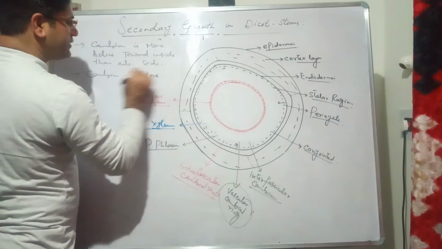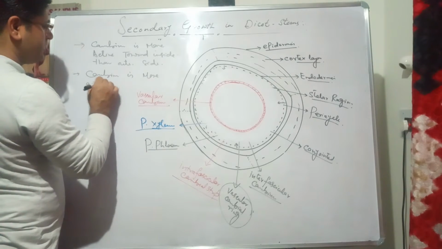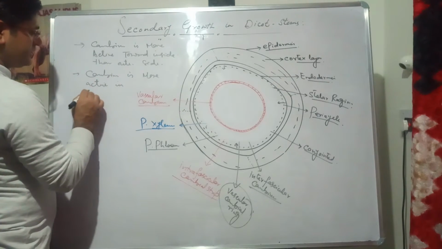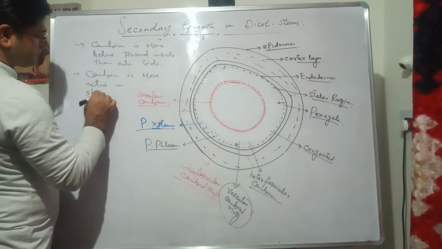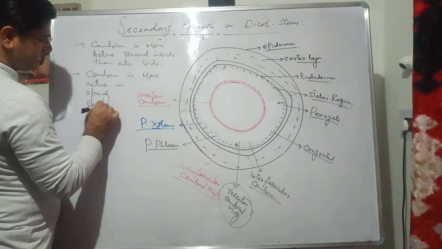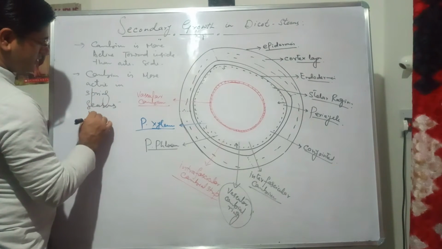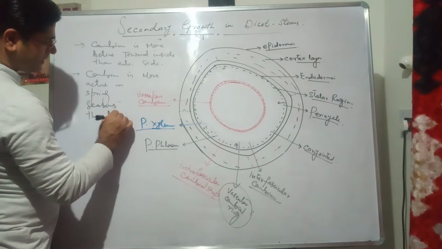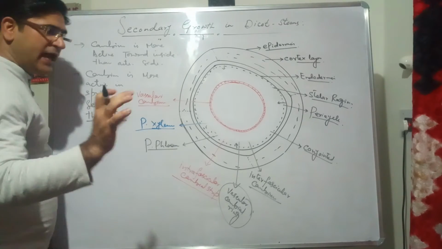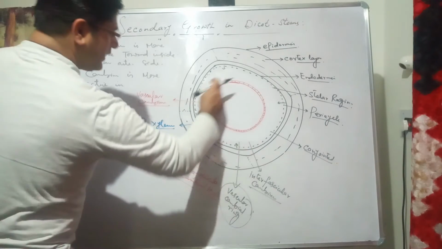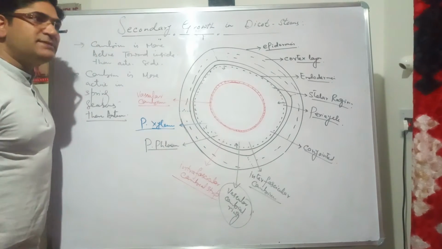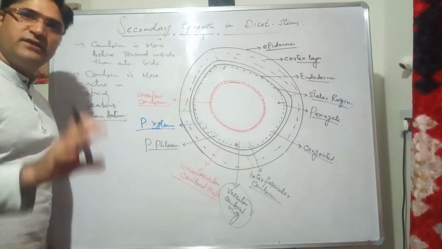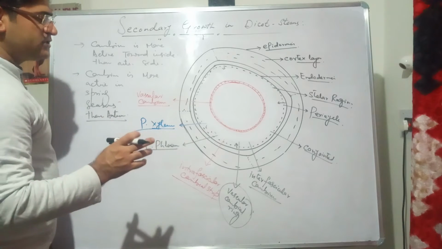Second thing, remember, this cambium tissue is more active in spring season than autumn season. So this cambial ring is more active in the spring season than in the autumn and winter seasons. Remember this also.